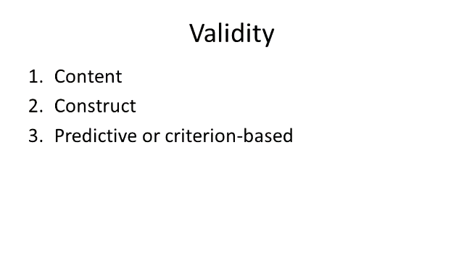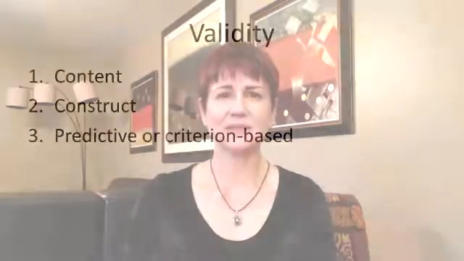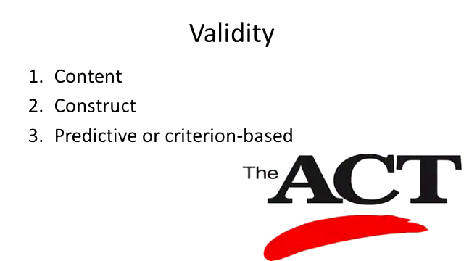The third kind of validity is criterion-based validity, or predictive. Popham calls it criterion-based. But what it does is it tries to predict certain correlations between test A and test B, or test A and outcome B. For instance, the ACT test.